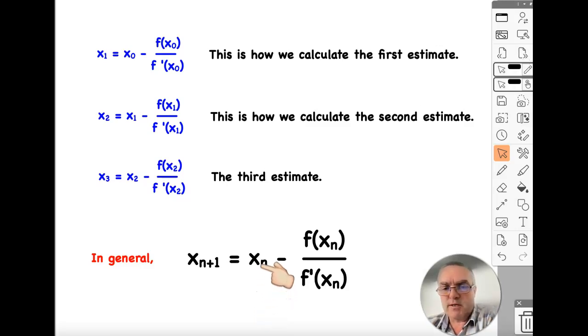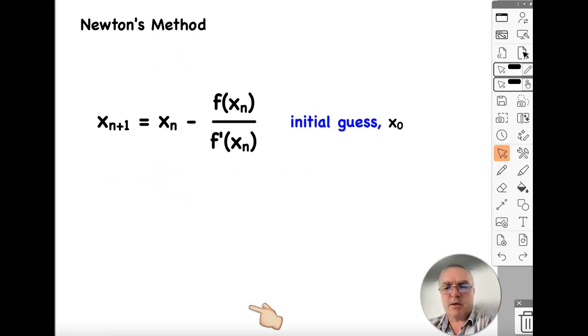If I call my previous estimate xn, and I call my next estimate xn plus 1, then this is the expression that will give us that xn plus 1. And that's the formula for Newton's method. So once we've got this formula, we don't really have to worry too much about the graph and the diagram anymore.